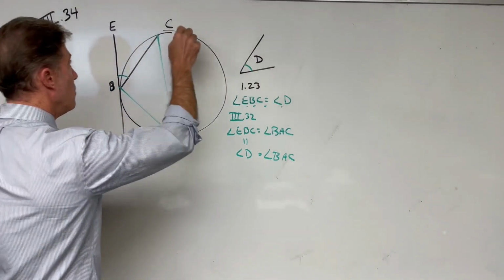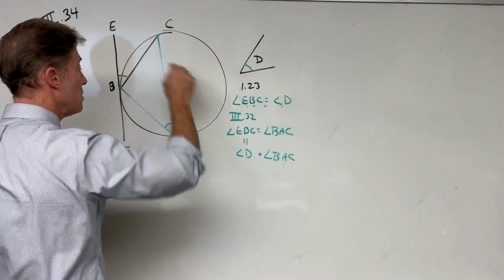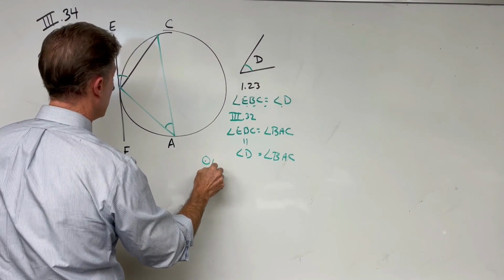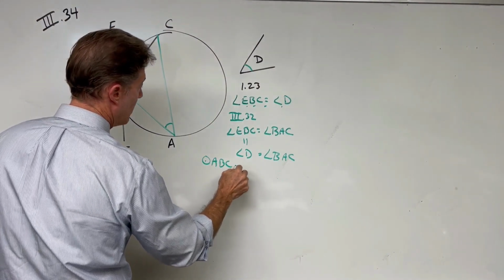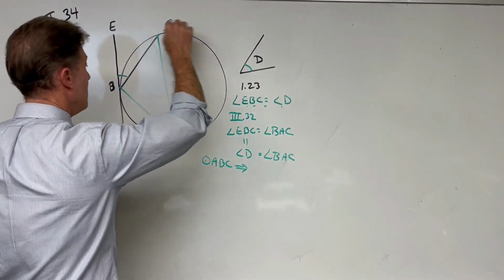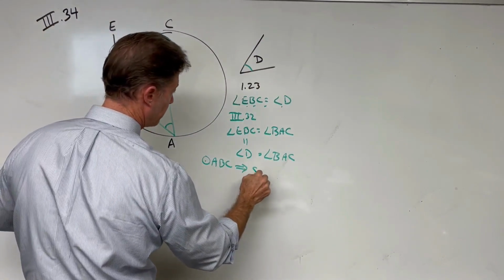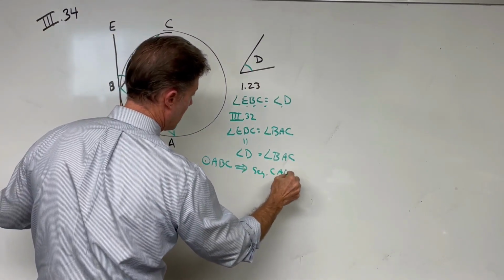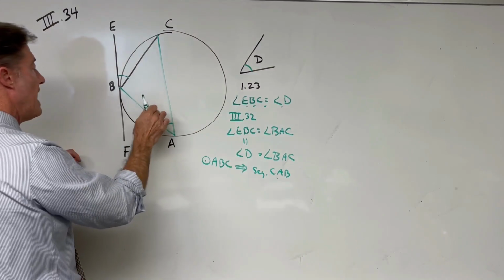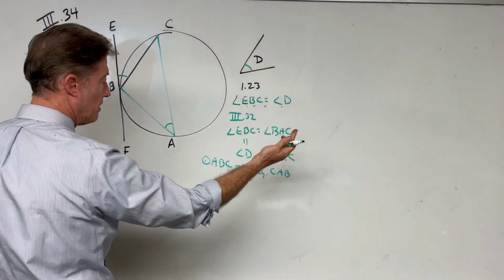And therefore we have created from this original circle, from circle ABC, a segment, namely segment CAB, that admits of an angle equal to a given rectilinear angle.